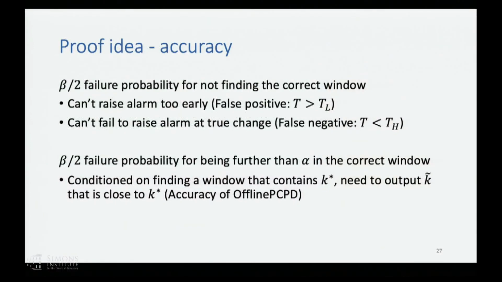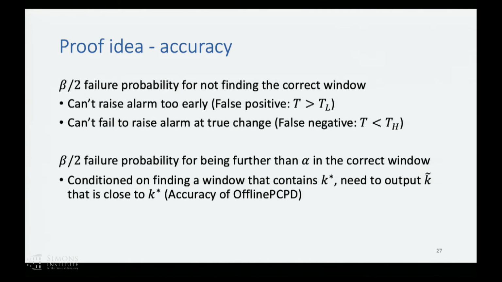And we also can't fail to raise an alarm at the true change. I don't want to pass a change point, because then I will have missed it. And so that's the role of this TH, which is making sure the threshold isn't so high that you might fail to raise an alarm even when a true change occurred. And so these two things ensure that with high probability, we're going to find the correct window.